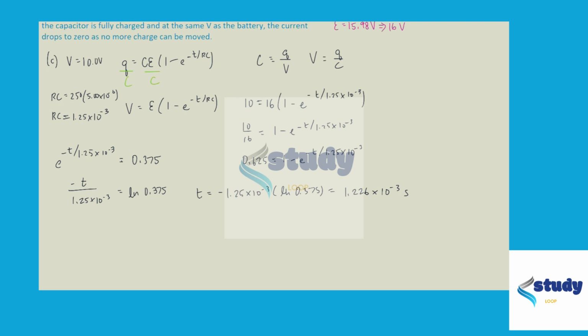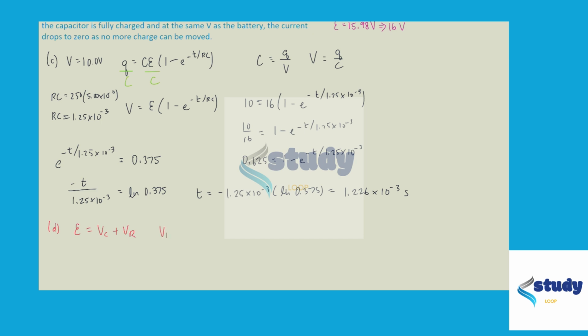And finally, part D. When the voltage across the capacitor is 4 volts, what is the voltage across the resistor? I don't write in red very often, so we'll use red for this one. Well, here's the thing, guys: the EMF will always be equal to the voltage on the capacitor plus the voltage of the resistor.